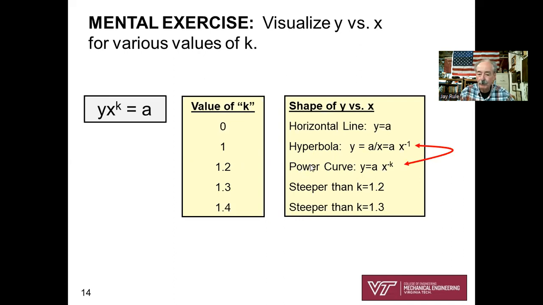It'll be steeper than a hyperbola. When it's 1.3, it's even going to be steeper than when k is 1.2. And when k is 1.4, it's going to be even steeper than when k is 1.3. So there you go. And notice here my little arrow. Notice the similarity between the hyperbola, x to the minus 1, and the power curve, x to the minus k. So that's it. Notice the similarity there.